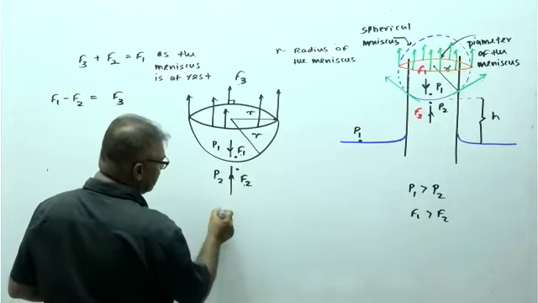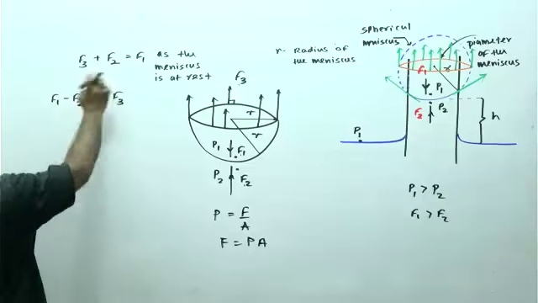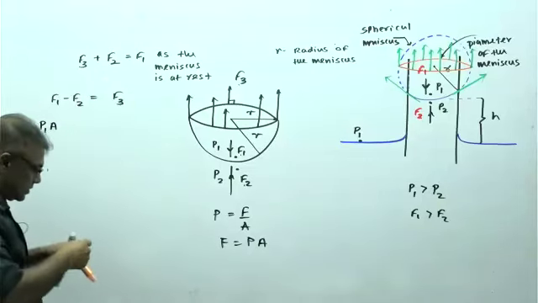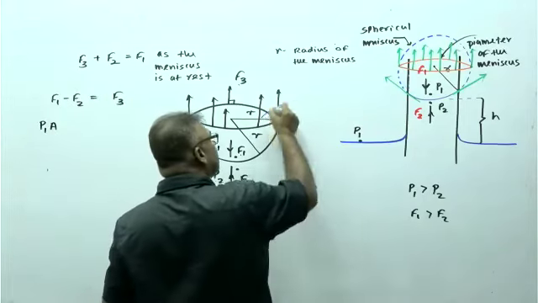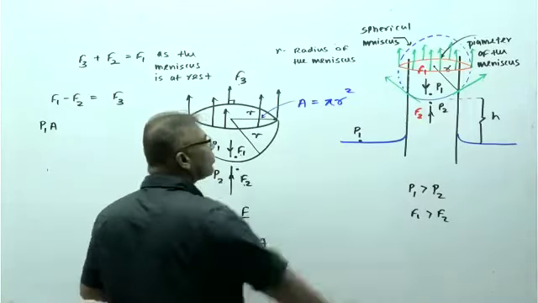From pressure equals force over area, force equals pressure into area. So F1 is pressure P1 into area A. We label this area A; area is pi r squared.